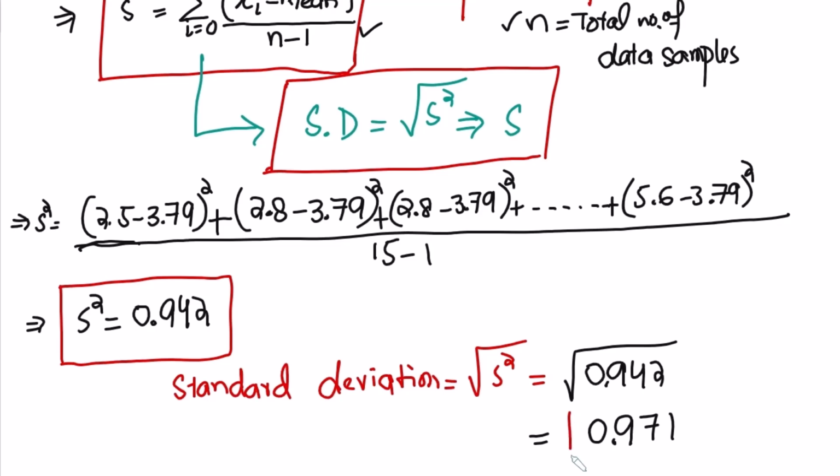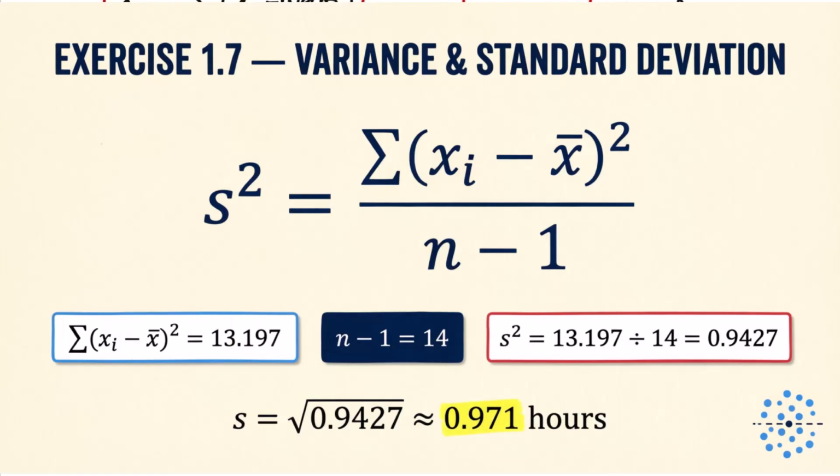This is the value of the standard deviation, which is usually represented by s. So this is the methodology of finding the variance and the standard deviation.